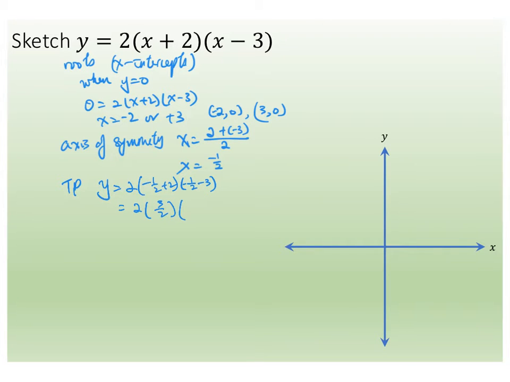And then −1/2 − 3 is −7 over 2. So then we can cross that out. 3 times 7 is −21 over 2. So the turning point is (−1/2, −21/2). Alright? And we know that this is the minimum turning point because this is a concave up shape.